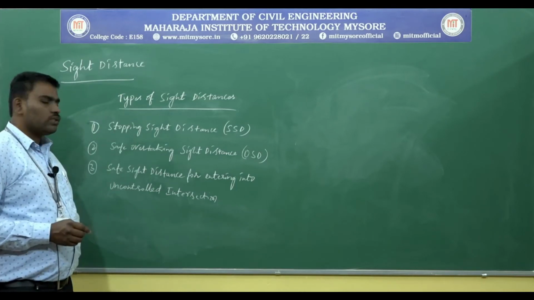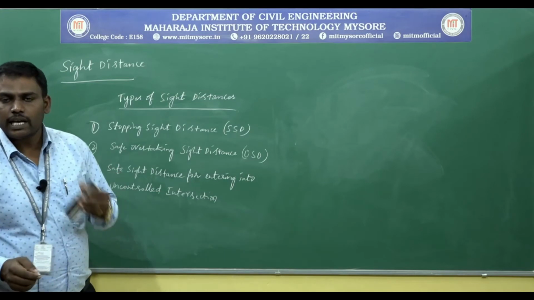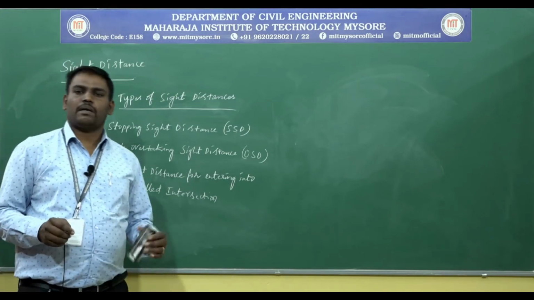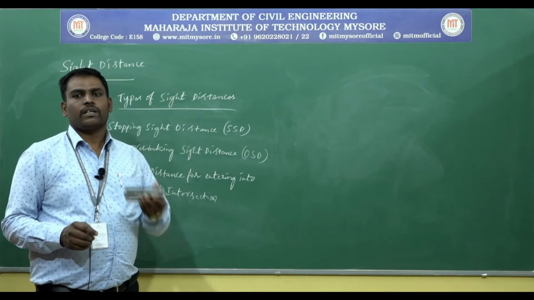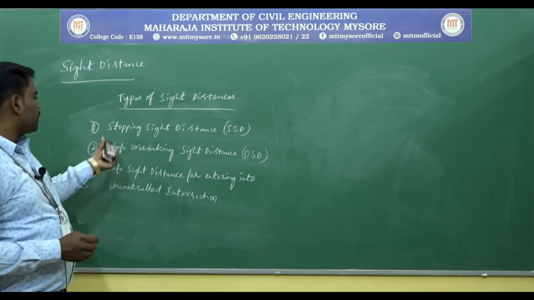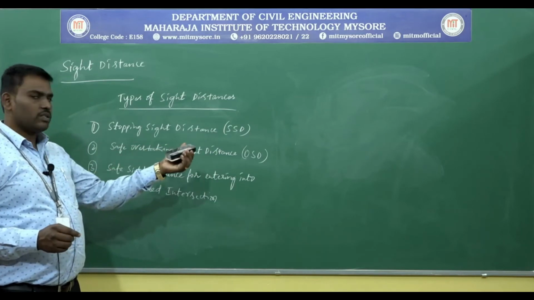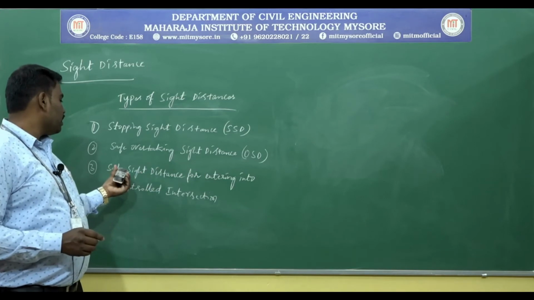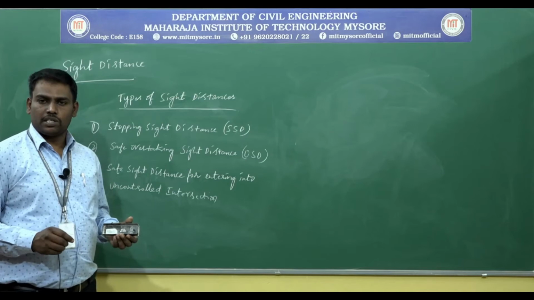These are the three situations where sight distance is classified for the purpose of geometric design of highways and for traffic control. The first one is stopping sight distance, SSD. The second one is safe overtaking sight distance, OSD. And the third one is safe sight distance for entering into uncontrolled intersection.